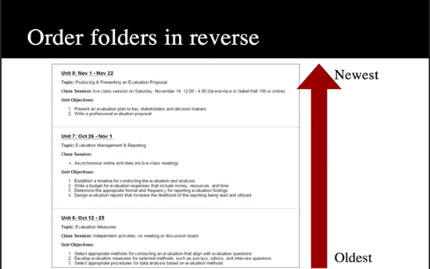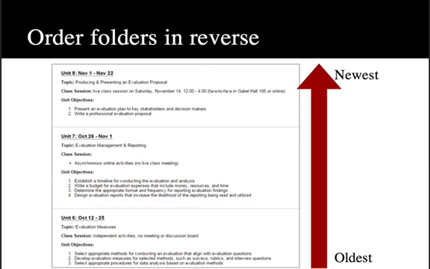Another great suggestion for a very small thing, but will make it easier for you to navigate your Blackboard course and save you time, as well as your students, is to put your folders in reverse order. So if you have units or weekly folders, put the most recent one at the top. So here I have units 6 at the bottom, then 7, then 8.